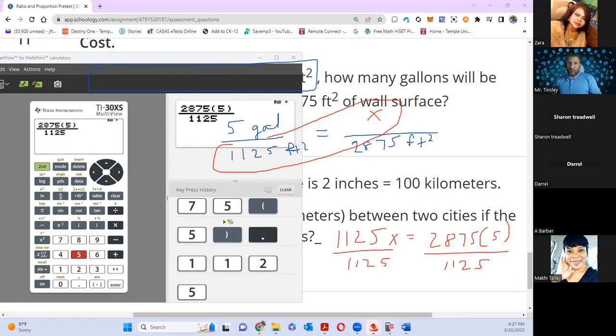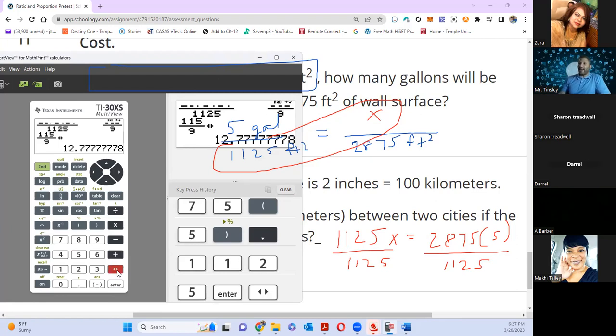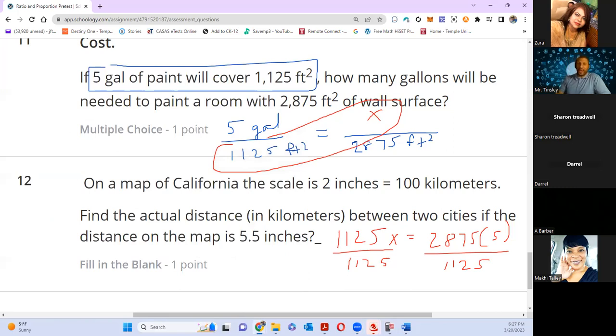So now I'm just going to go to my calculator. There we go. And it tells me 12.78. So X is equal to 12.78.